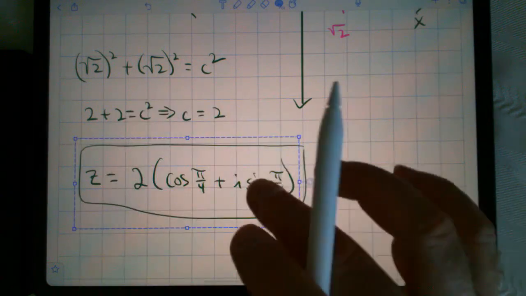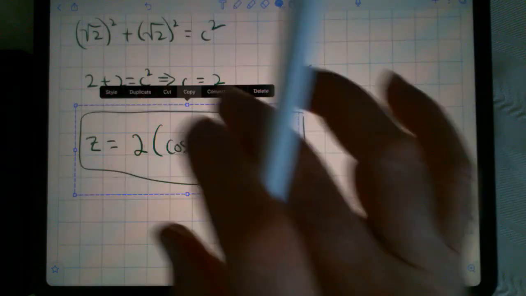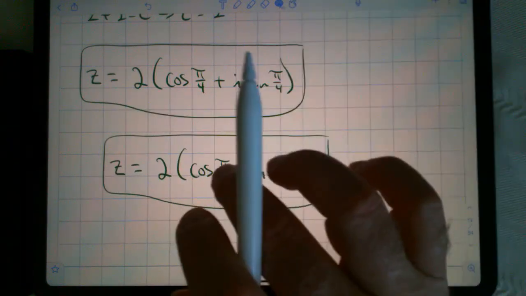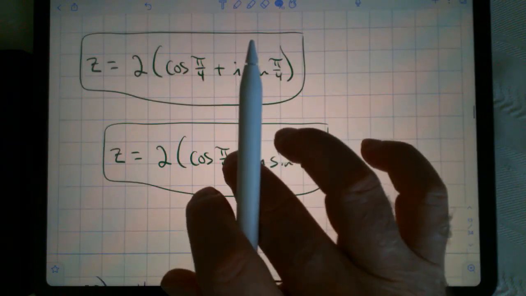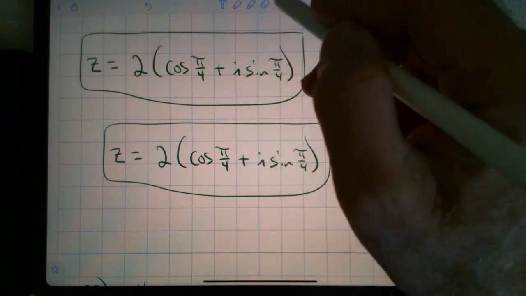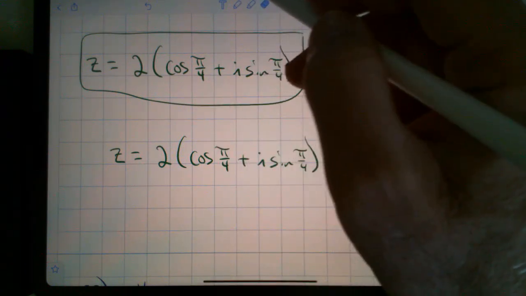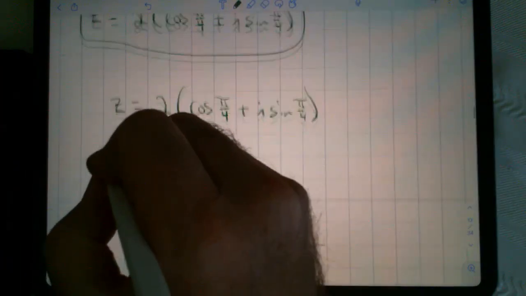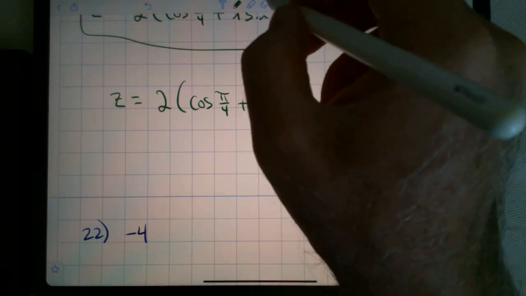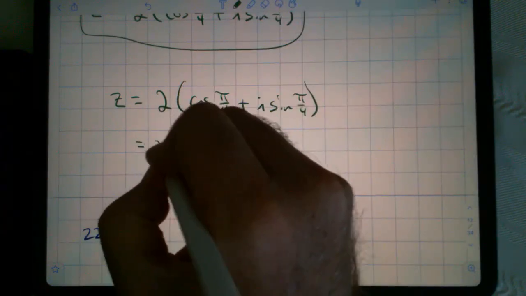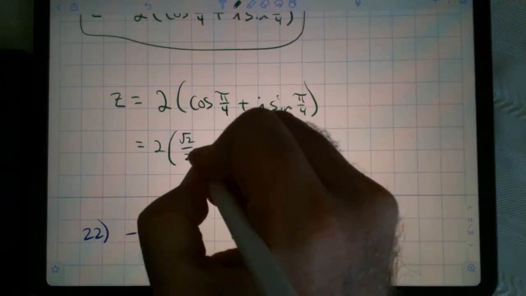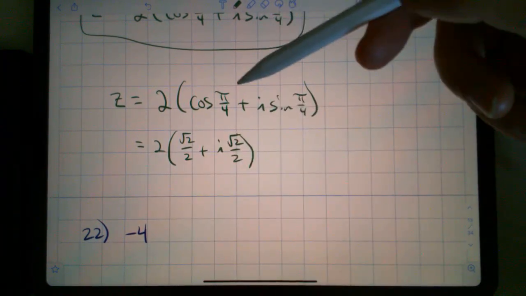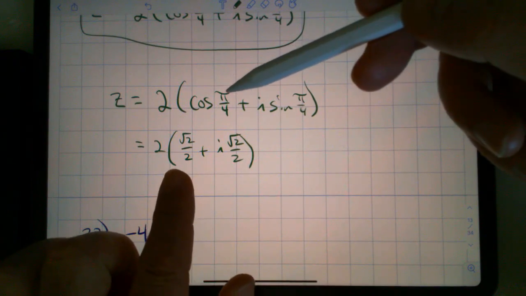This works because cosine of pi over 4 is radical 2 over 2.